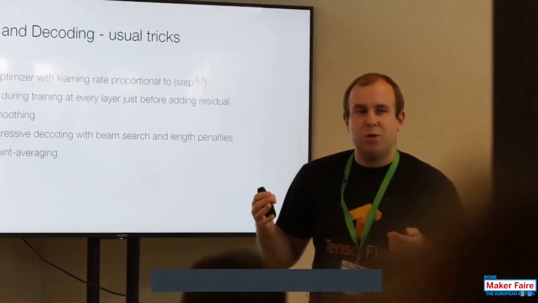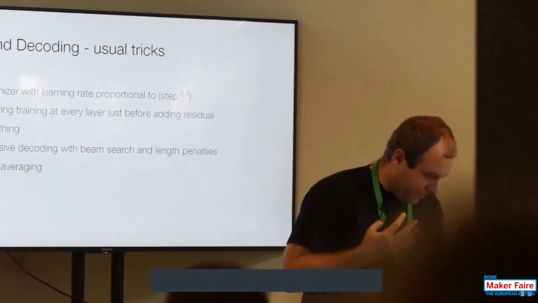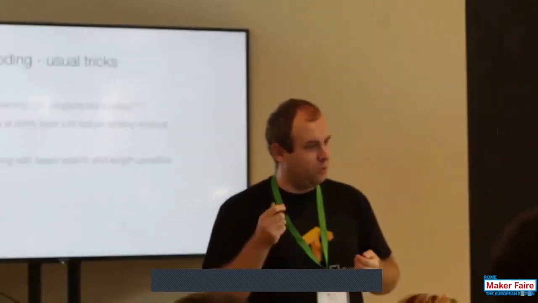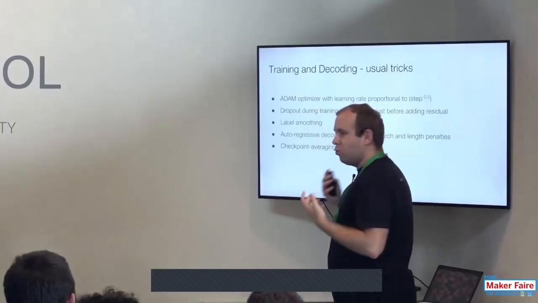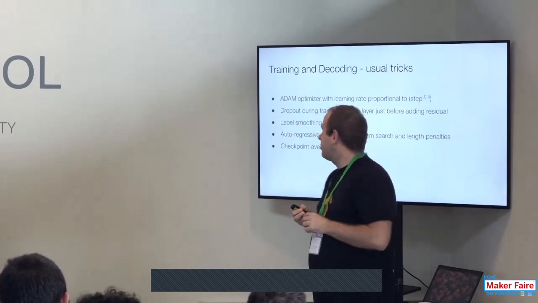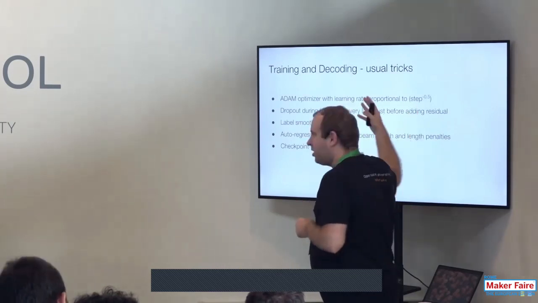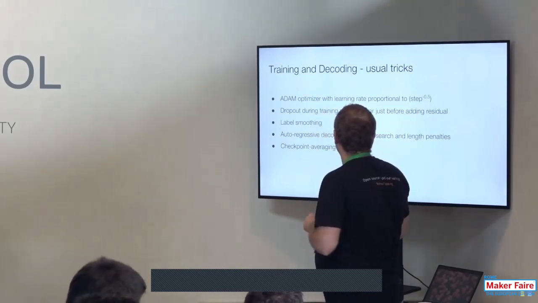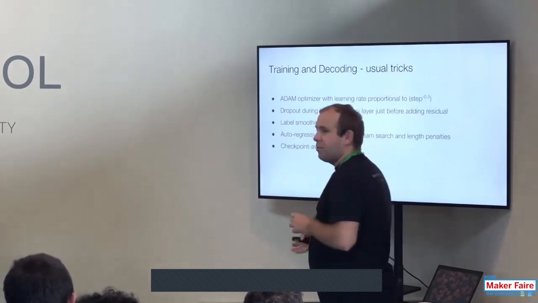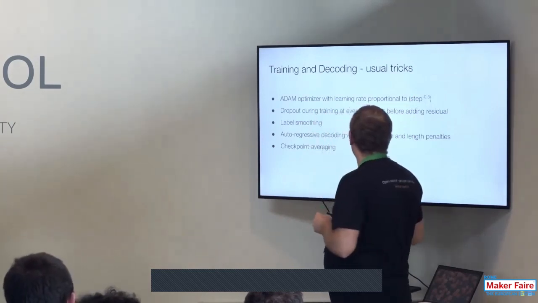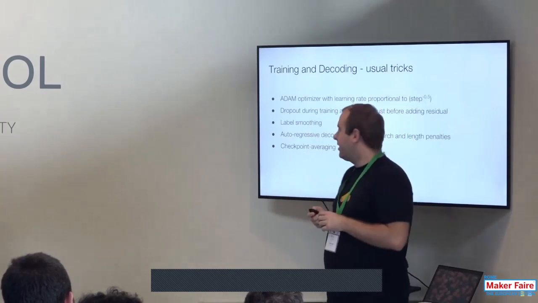And then, deep learning is a trade, right? You need to do all the tricks to make things work actually well. So you need to have dropouts in the right places. You need to use the Adam optimizer and maybe think a little bit about your learning rates and how to decay them.